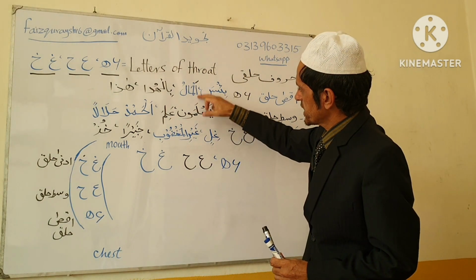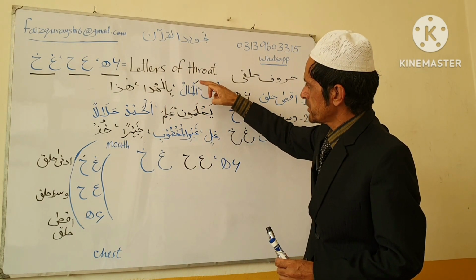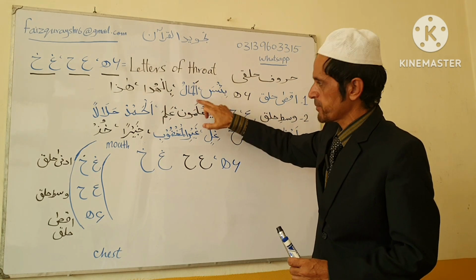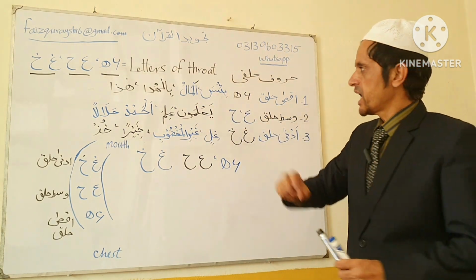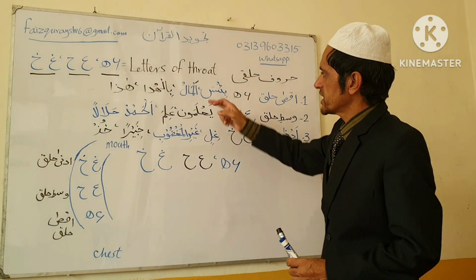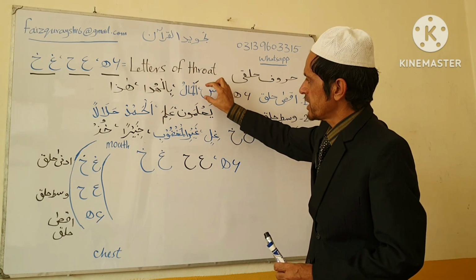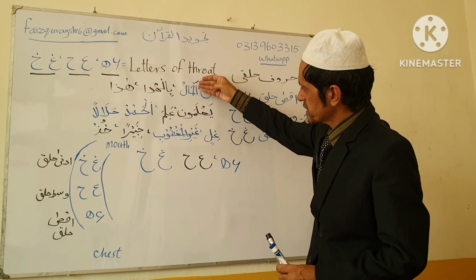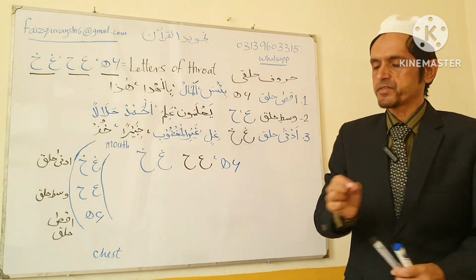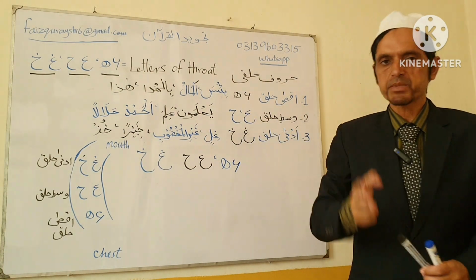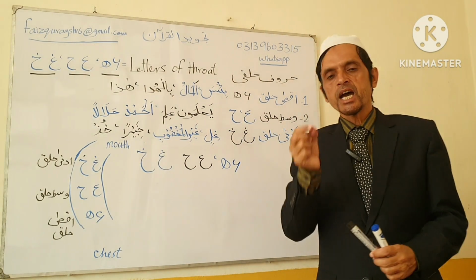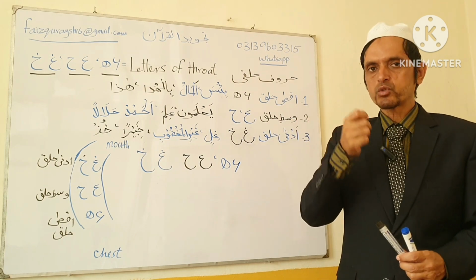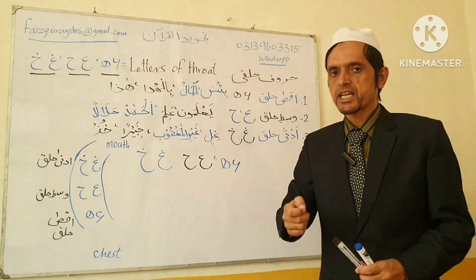But if there is a Fatha, Kasra, Dhamma or Sukoon on this shape, then this would be Hamza. Otherwise, if there is not any Fatha, Kasra, Dhamma, Sukoon on this shape, then that would be Alif. So that is the difference between Hamza and Alif, because Alif will always be without any Harkat.